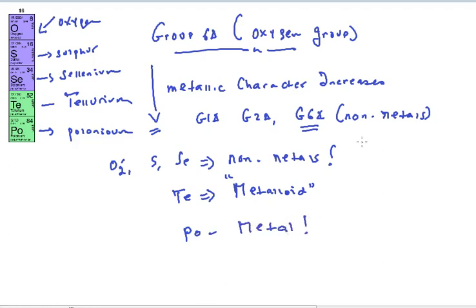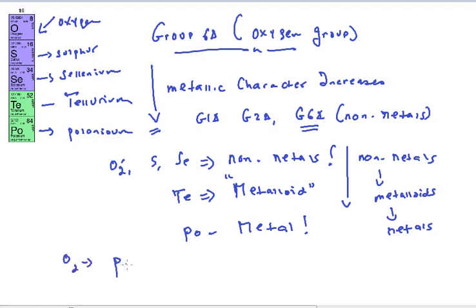So this shows you that as we go down the group, you go from non-metals to metalloids to metals. This is a good indication that the metallic character increases as we go down the group. And oxygen has a tendency to attract electrons from other atoms, so oxygen is classified as a powerful oxidizing agent.